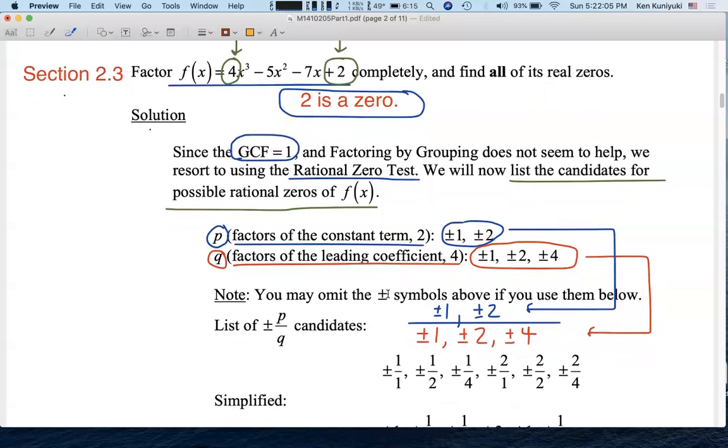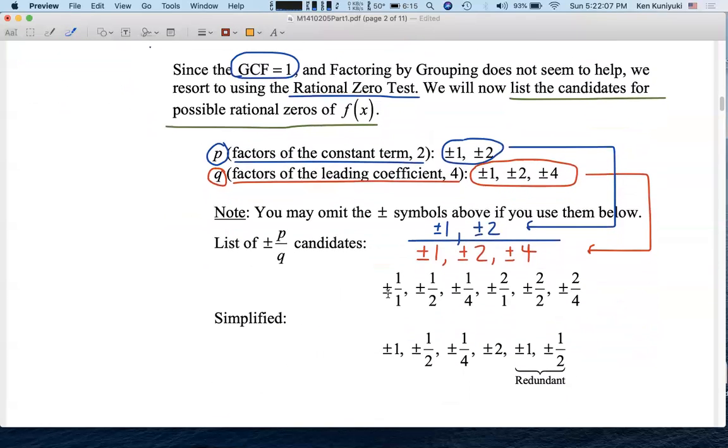Now, the bottom line is that we're going to have, as our list of possible rational zeros, the candidates that we can get from this form. Now, some students might put a big old plus or minus in front. That's okay if you remember to keep putting it in. Otherwise, it might be safer to keep putting in the plus or minus symbols.